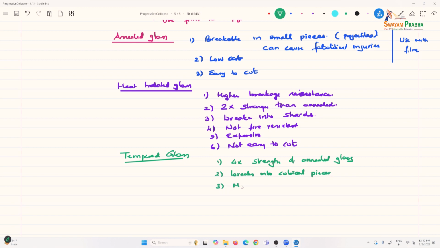Of the three it is the most expensive, and again it cannot be cut to size.